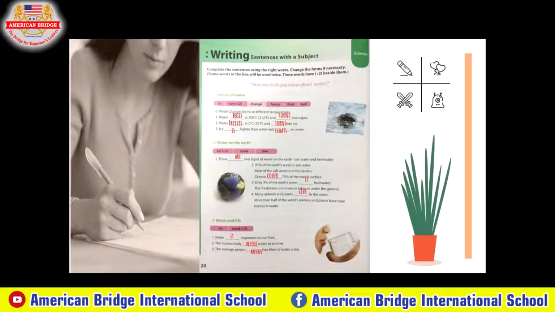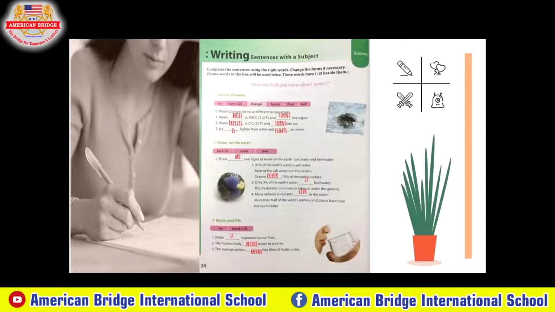Another example in water on the earth: there blank 2 types of water on the earth. So what is the correct form for this sentence, everyone? Correct. There are 2 types of water on the earth: salt water and fresh water.